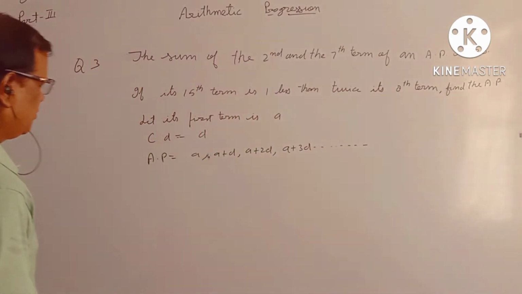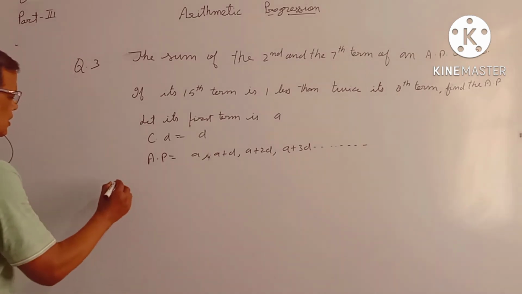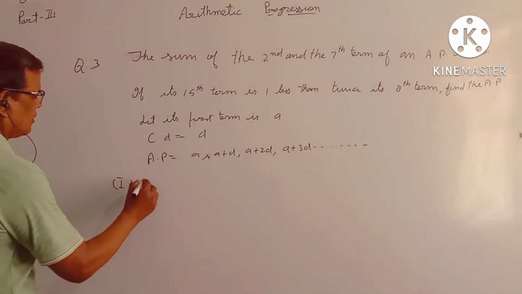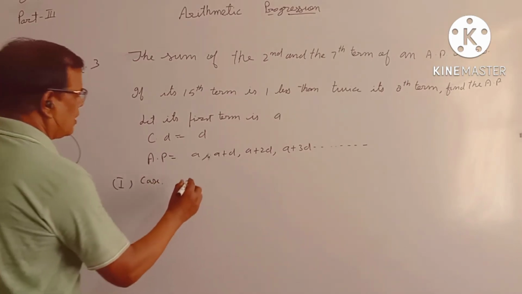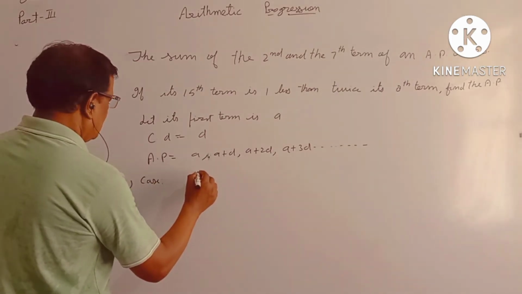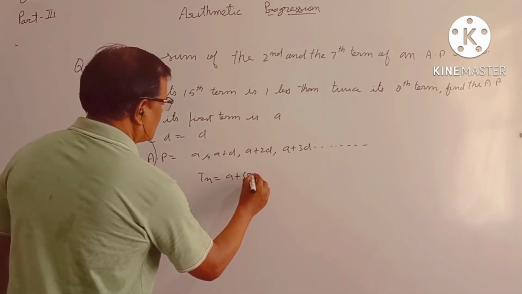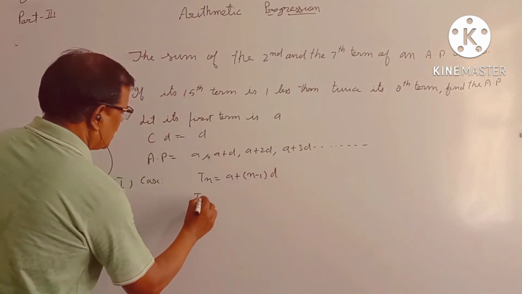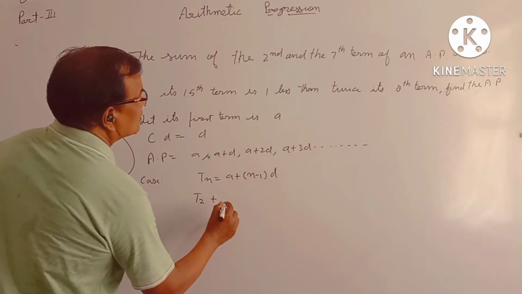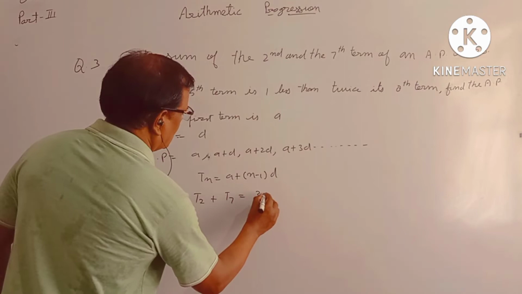So it is generality. Now we are going to solve according to the question. The first condition is that the sum of the second and seventh terms is 30. As we know, Tn equals A plus (n minus 1) into D. So T2 plus T7 equals 30.